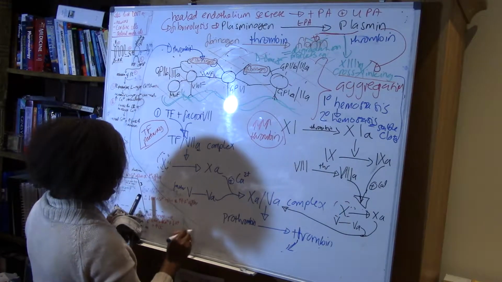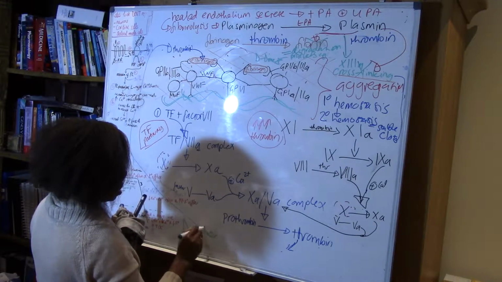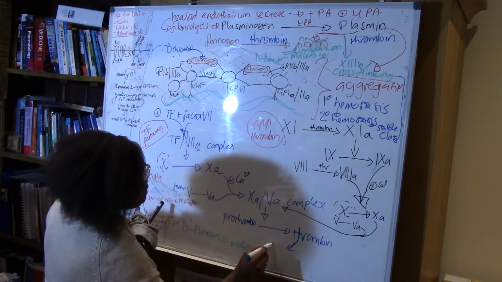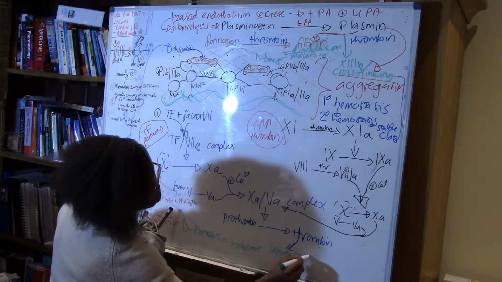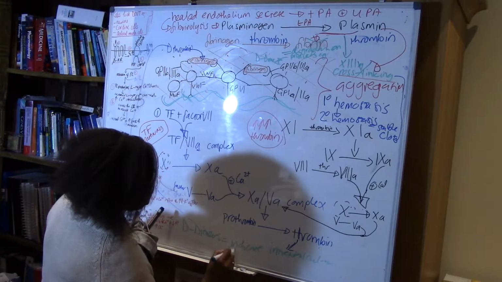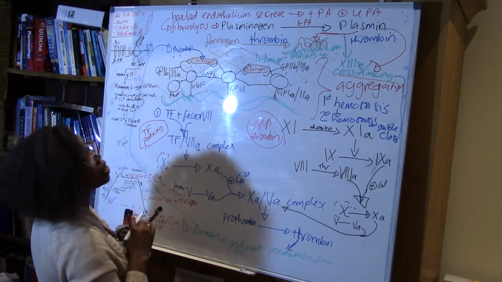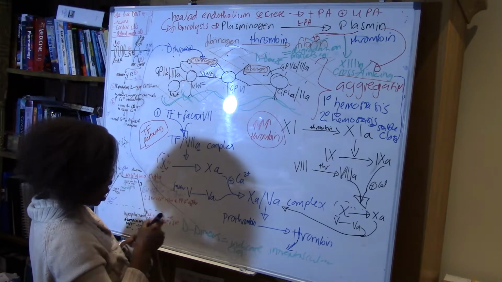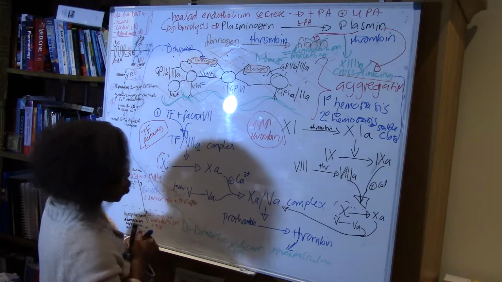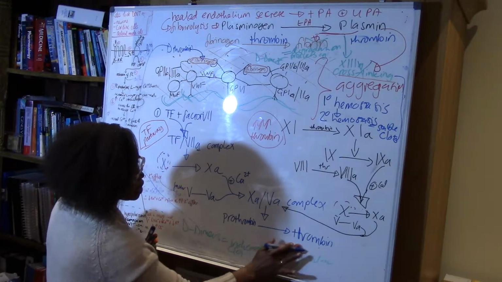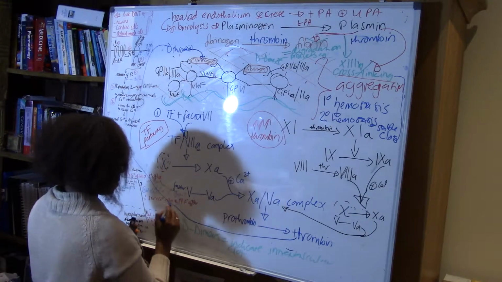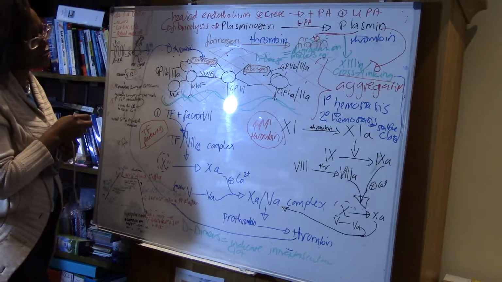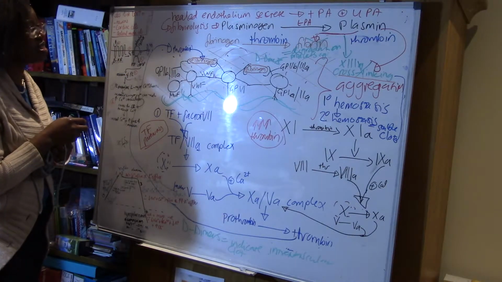D-dimers indicate intravascular clot. So when they degrade, because plasmin will only degrade a clot that is inside a vessel, when we have D-dimers, we know that there was a clot inside a vessel. So really, that is all there is to hemostasis.